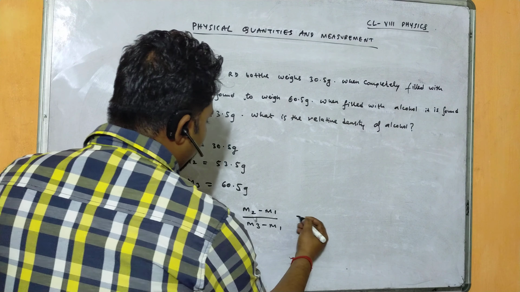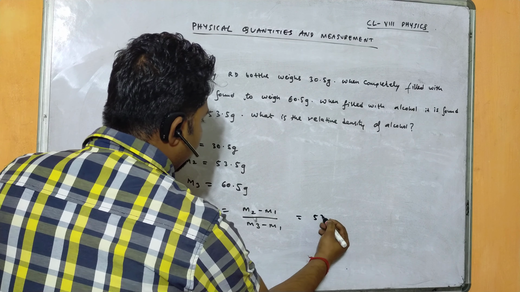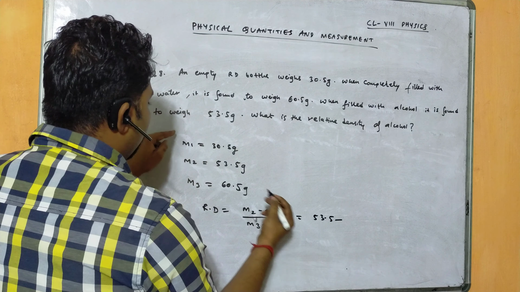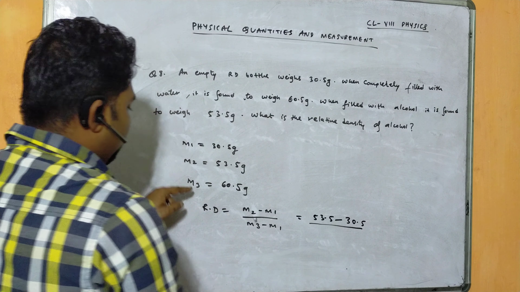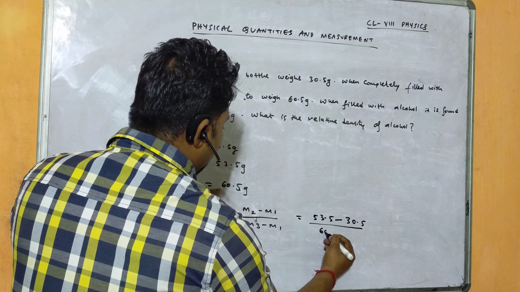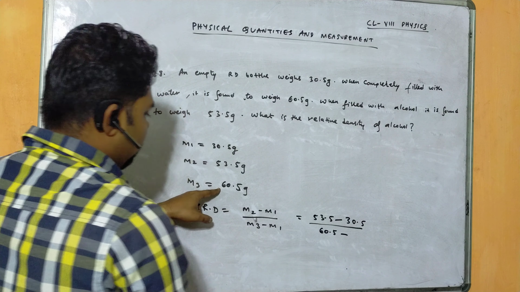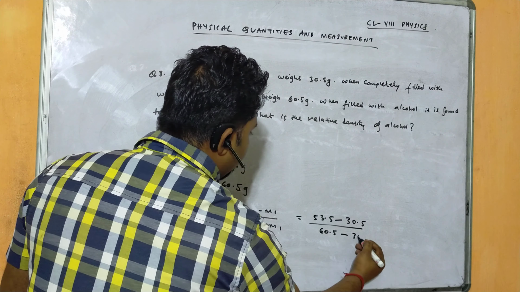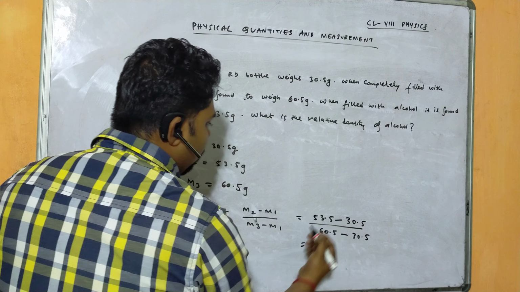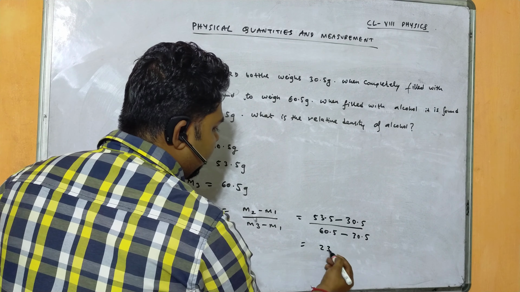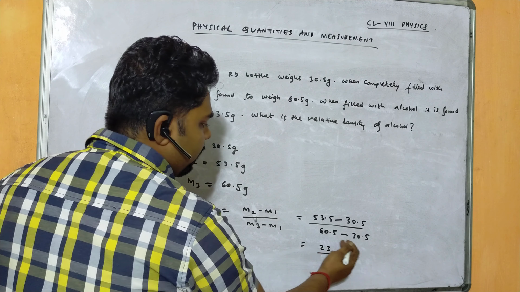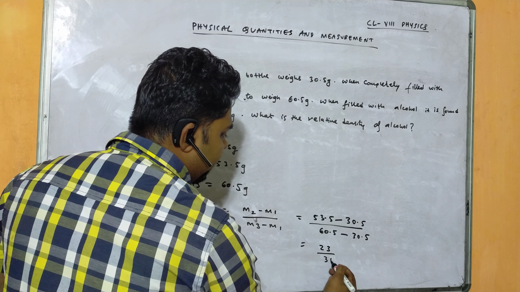So what is M2 here? M2 is 53.5 minus M1, 30.5, divided by M3, 60.5, minus M1, 30.5. Now when you subtract 53.5 minus 30.5, we get 23. 60.5 minus 30.5, we get 30.